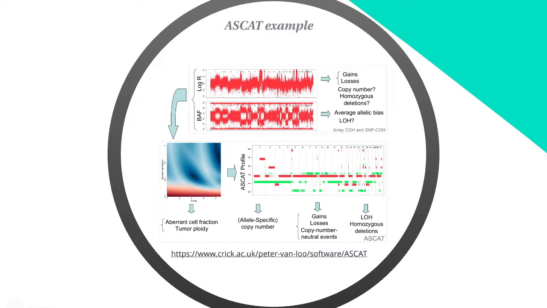This is a complex scenario, and you will get a complex answer, but at least pretty informative to know where are the chromosome gains or loss of heterozygosity and so on. And also there will be an average heterogeneity that you can get to estimate how many cancer cells are in your tissue.